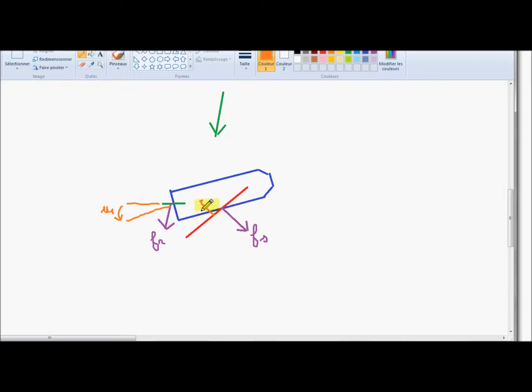So here it will correspond to U2. So the wind makes a force Fs, and due to the keel, which is below the robot, I represent it like this, the robot will go in this direction.